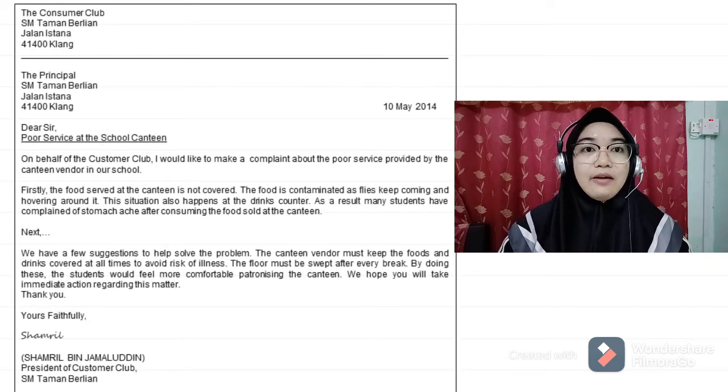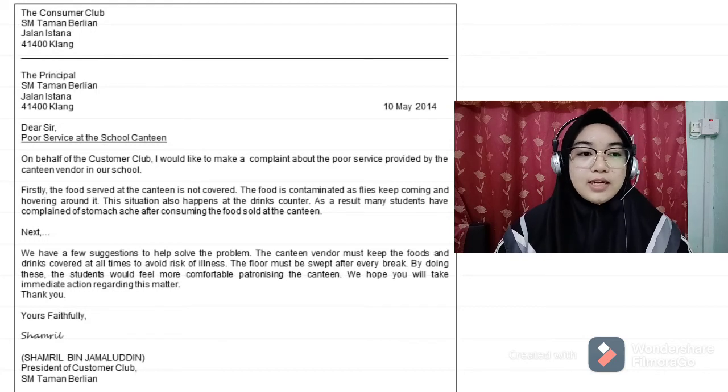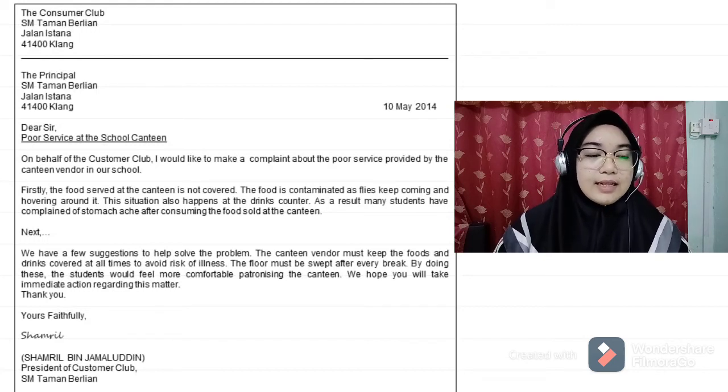Next is the body, where we clearly state the essential points. For instance, firstly, the food served at the canteen is not covered. The food is contaminated as flies keep coming and hovering around it.